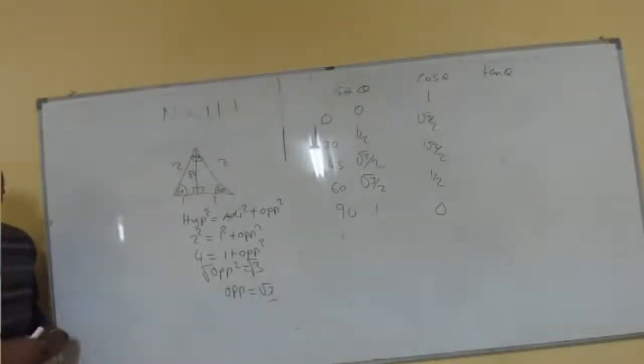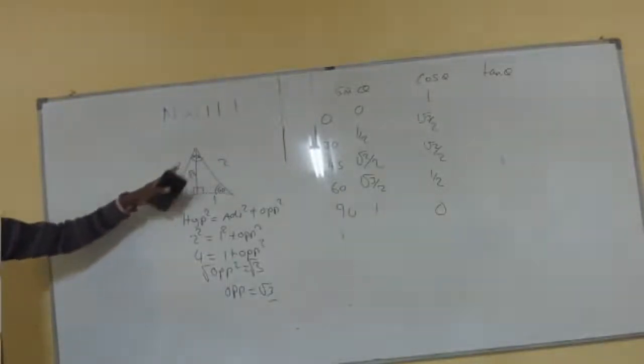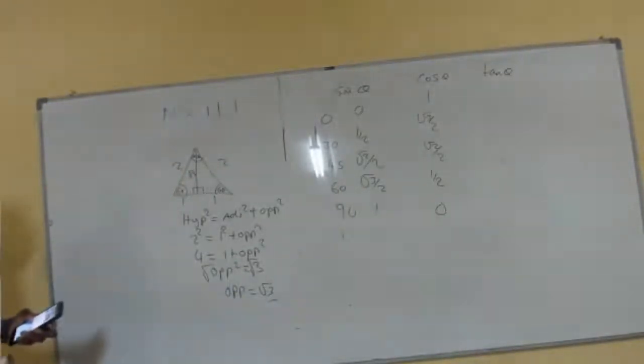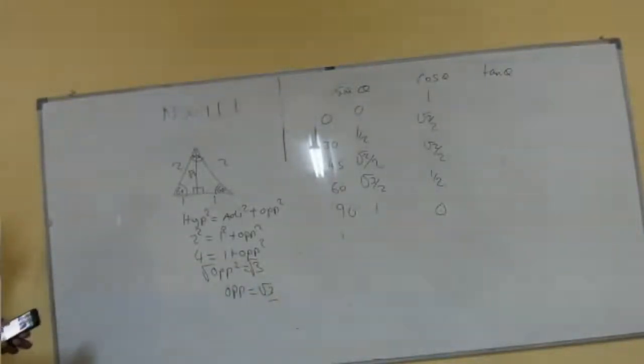Now that we know that, we can easily find sine 30 and cos 30, and we can also find the other side.